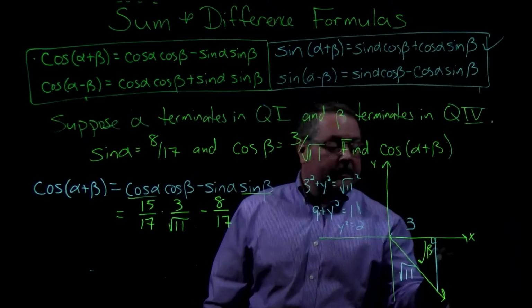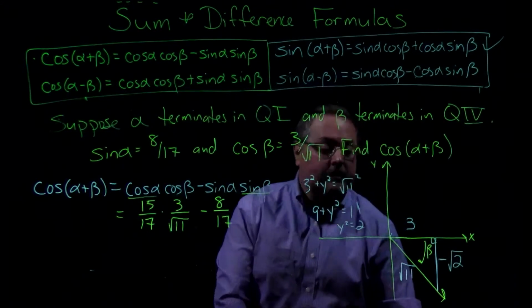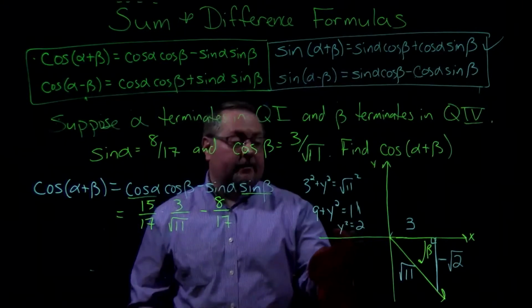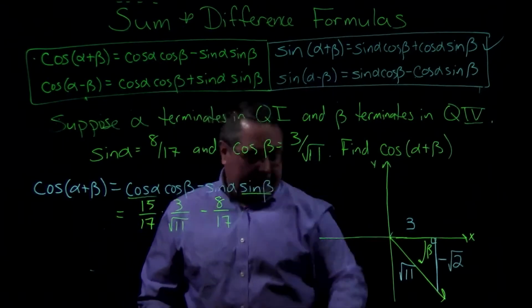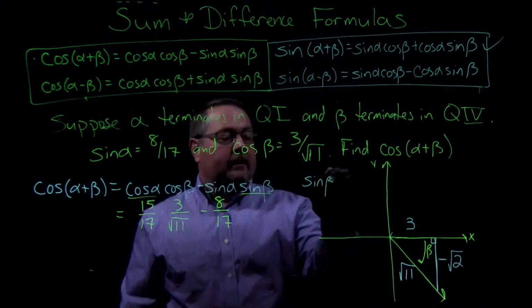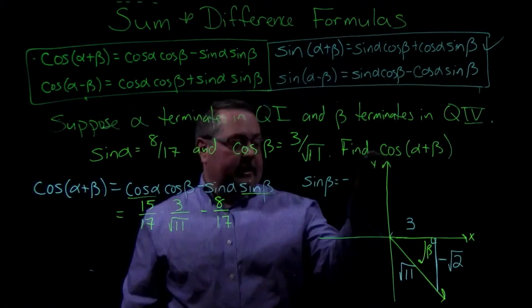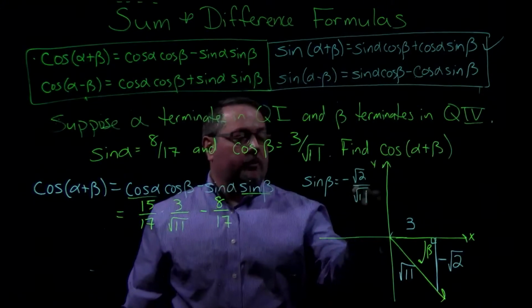So y is negative the square root of 2. So here we're in the fourth quadrant, where y is going to be negative. And therefore, the sine of beta is negative the square root of 2 over the square root of 11.